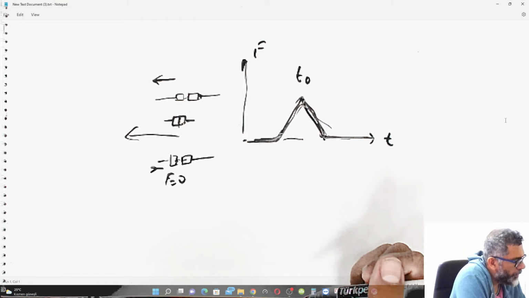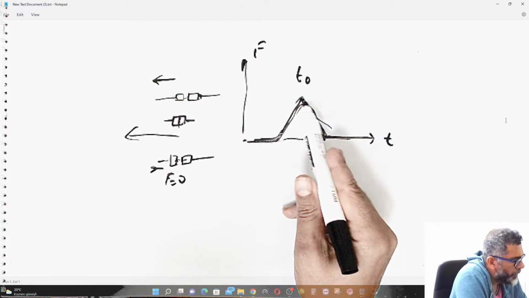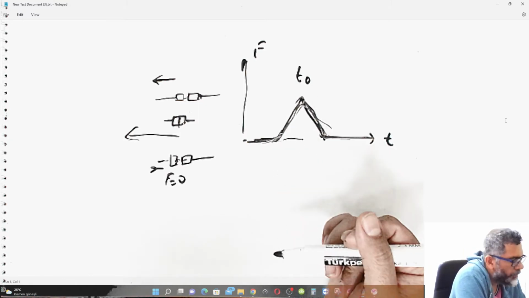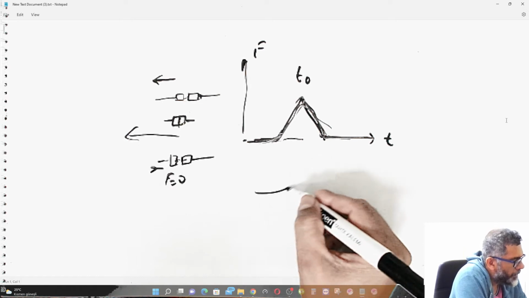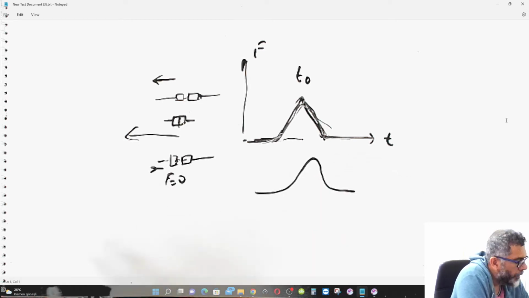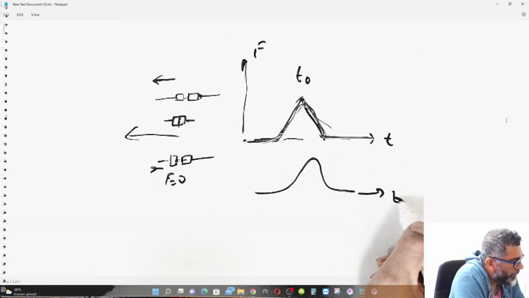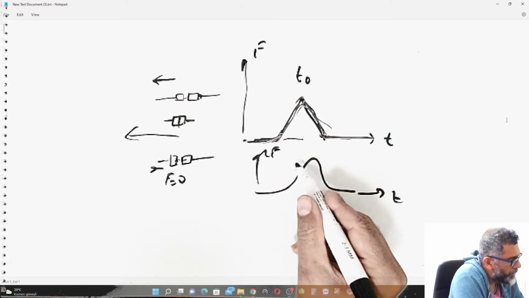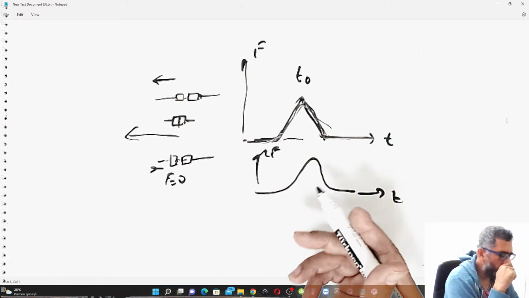So the best analytical function that we can have to mimic this change is going to be a bell-shaped curve like this, where this is the time axis and this is the force. A bell-shaped curve like this is just a Gaussian. What is a Gaussian?